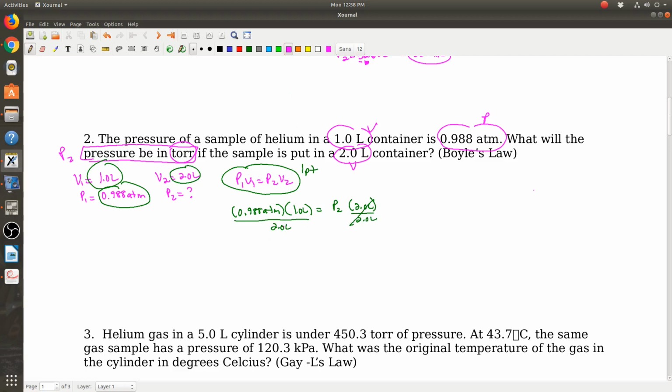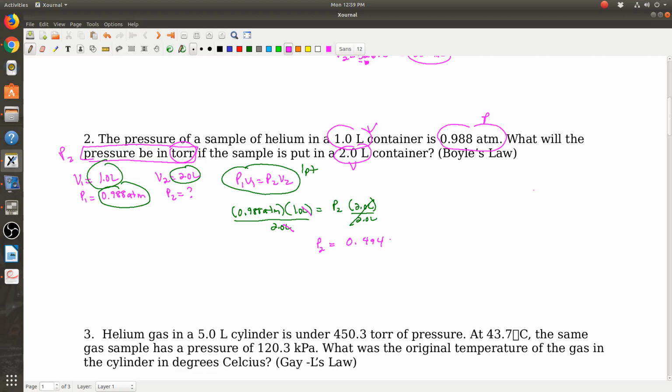It's going to cancel out liters on the denominator and the numerator. And so now it's just going to be 0.988 divided by 2. And so the second pressure is 0.494 atmospheres. And then I check sig figs.